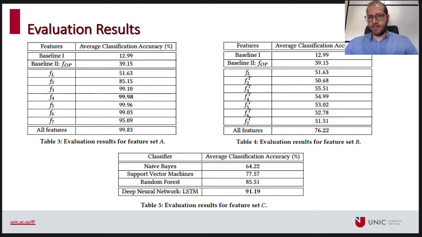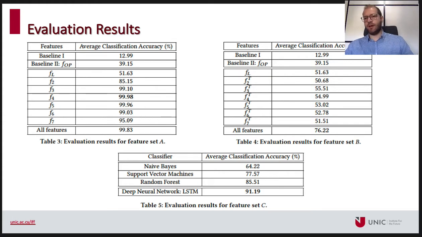And we run our experiments using a tenfold cross-validation. We are reporting a significant discrimination power of our feature 4 used for this classification task.